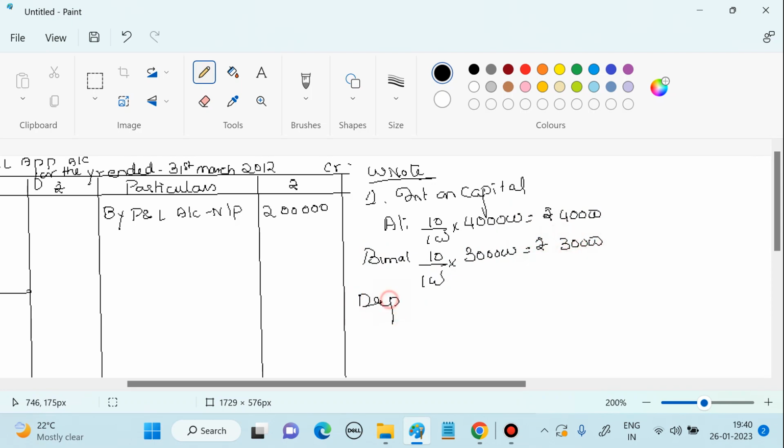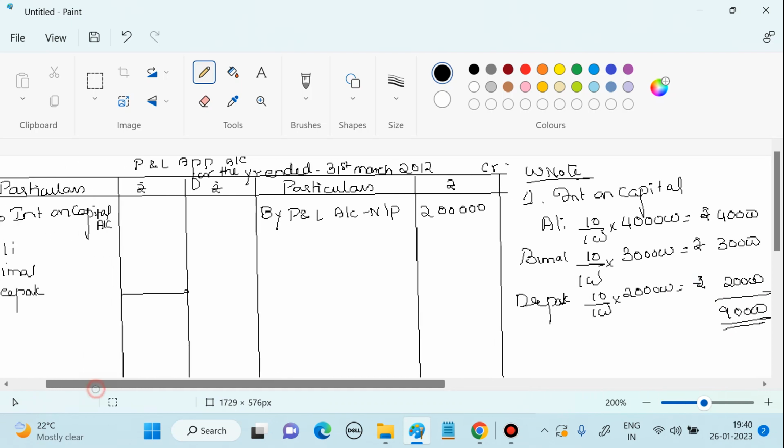And Deepak, 10% of 2 lakhs, rupees 20,000. So total is 90,000. So this thing we'll put in here. Ali was 40,000, 30,000 for Bimal and 20,000. So that comes to 90,000. Out of 2 lakh, 90,000 has gone as interest on capital. So far clear?